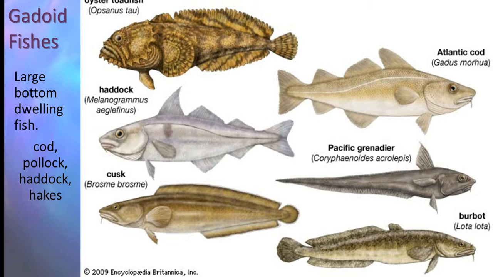So the guys who were up there in Massachusetts traded with the rest of the world with the incredible codfish that they have in that part of the ocean. I've certainly had haddock before, which is this one down here. This guy, oyster toadfish, interesting. And some of these I've never heard of. A cusk I've never heard of. A burbot, I've never heard of that right there. Lota.